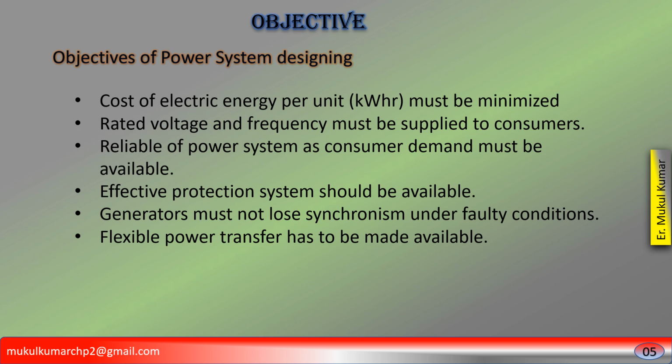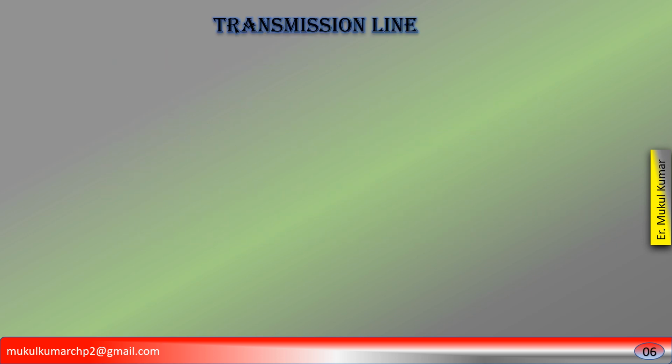Fourth, an effective protection system should be available. Next, generators must not lose synchronism under faulty condition. And last, flexible power transfer has to be made available for the consumers.